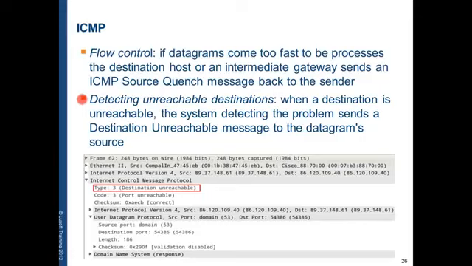The gateway will search the destination in its routing table, and if it is not found, then an unreachable destination message is sent to the originator so that it doesn't keep sending packets to that destination.